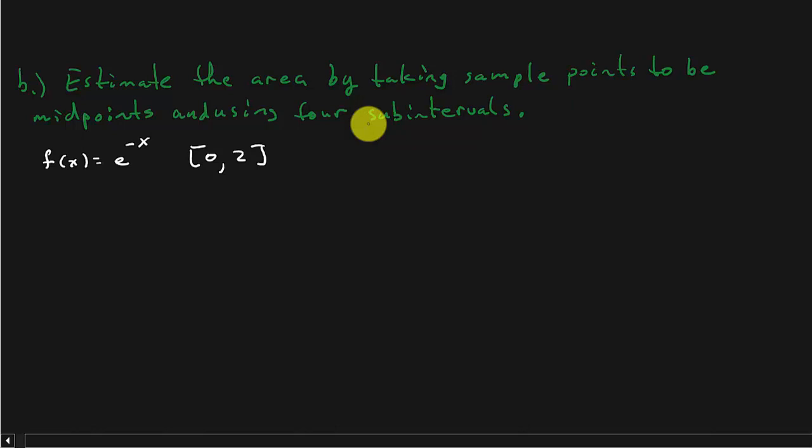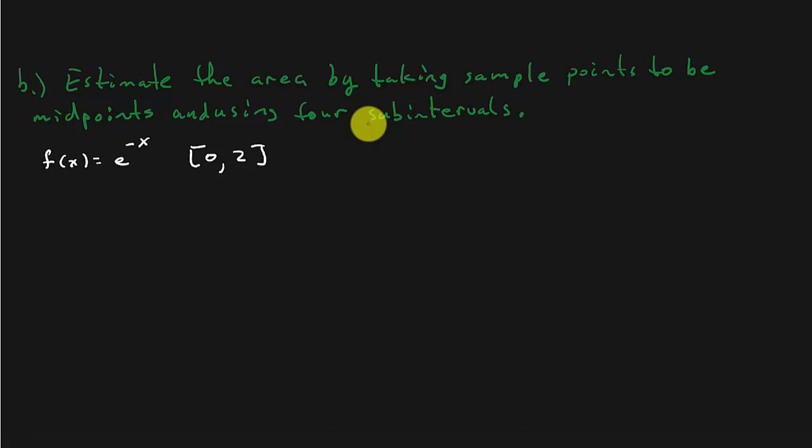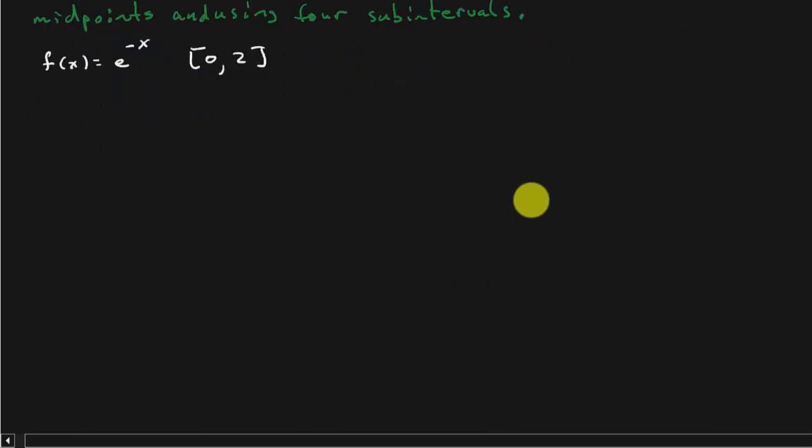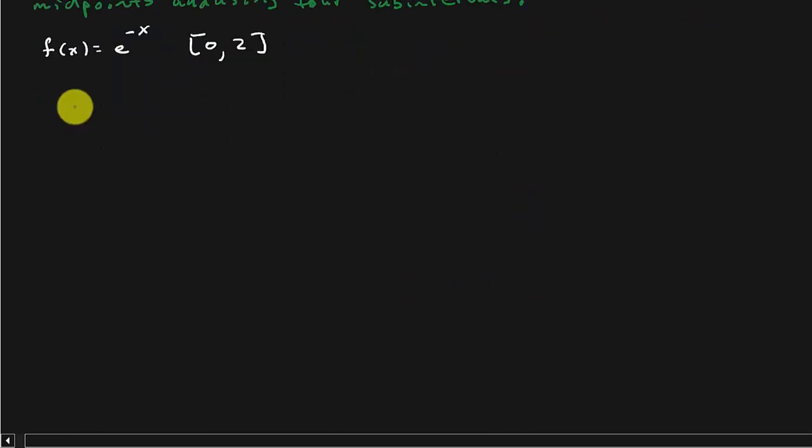But remember, the first problem we did what? We did left endpoints, we did right endpoints. And now for this one, we're going to use the midpoint of those rectangles. I know the function's different, but it's still the same process. All right, so let's go ahead and sketch the graph. I think I'm going to put the graph over here.